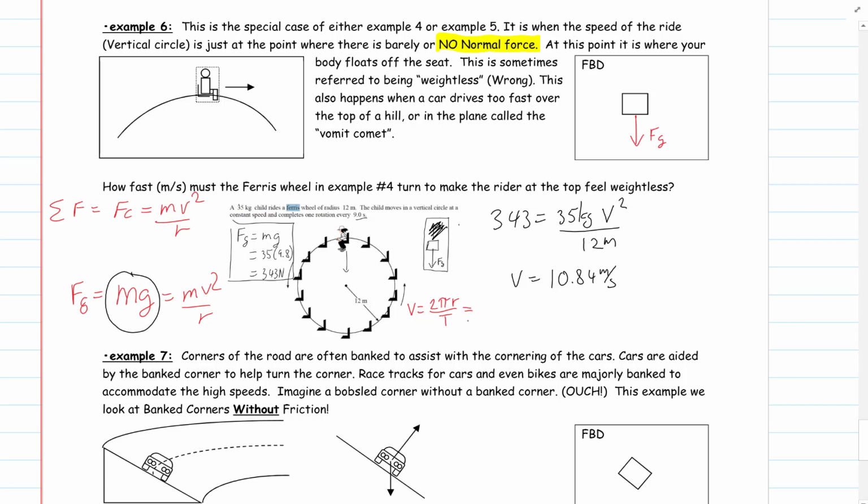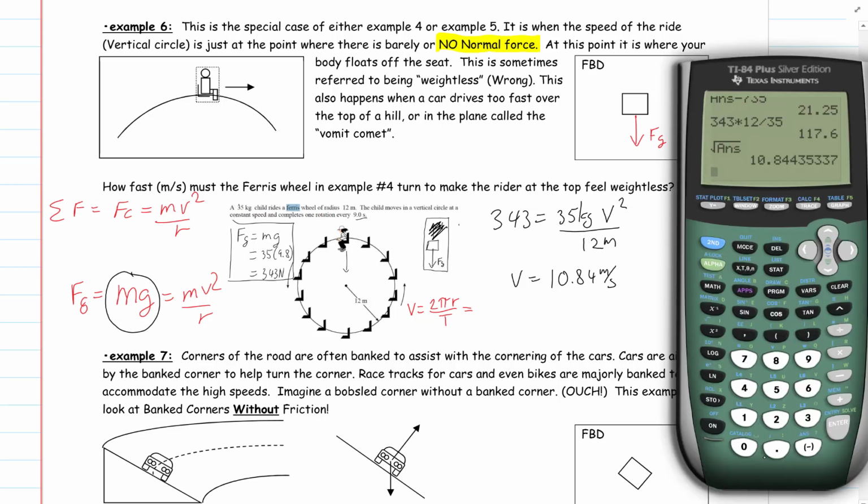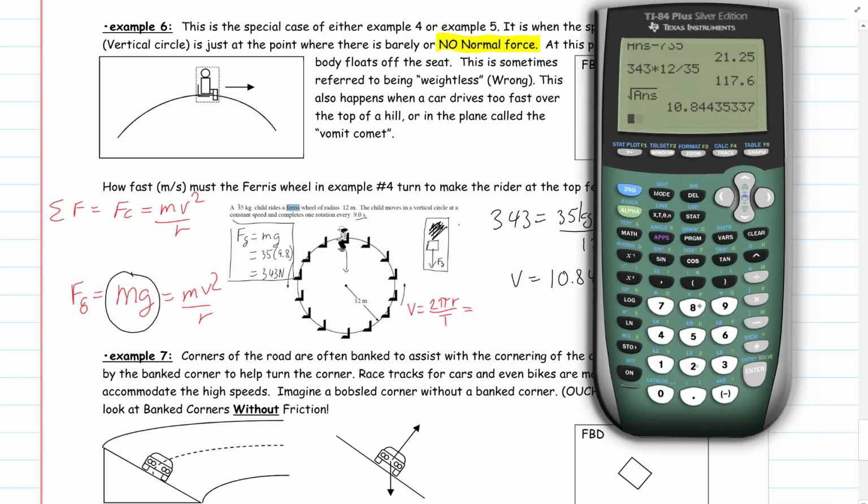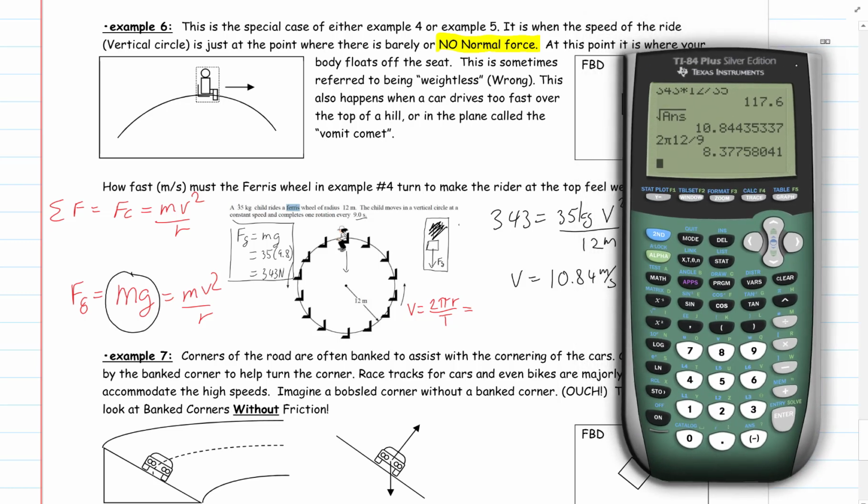When we plug those numbers in, 2 pi r is 12, and divide it by the time, 9. His speed beforehand was 8.37, 8.38 meters per second.